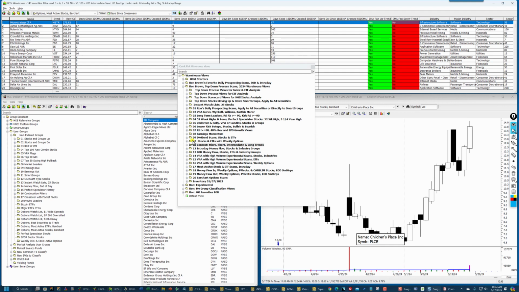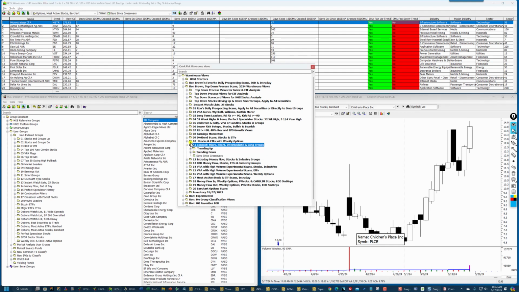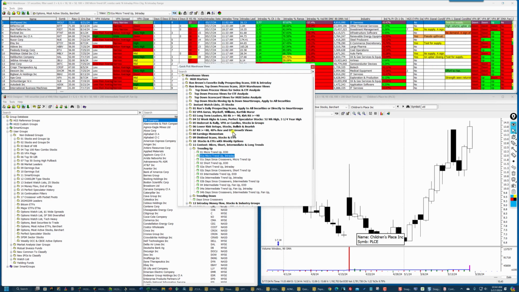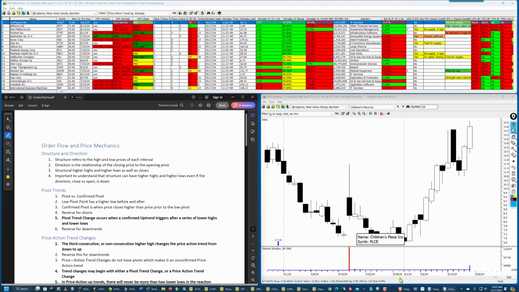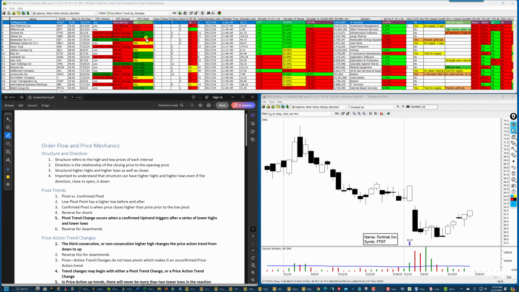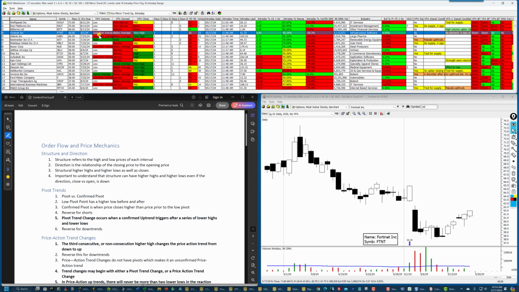Okay, so I'm just going to use one of these context folders, Microtrend Intraday. I'll begin here, and I'm going to talk about, and hopefully you're going to listen to, structure and direction, my interpretation of this. Now I'm just going to grab a stock here which had a high close yesterday.